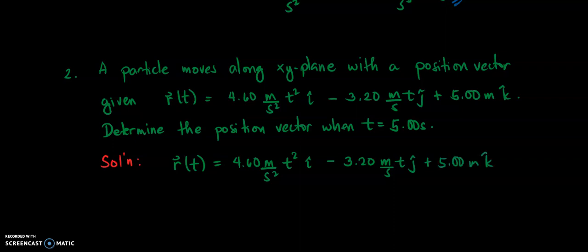So to find the position vector when t is equal to 5 seconds, let us just evaluate this r of t by substituting time equal to 5 seconds.